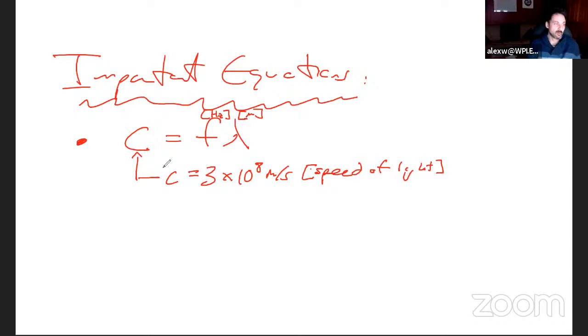Now, what else is there? As we'll see, there's a variety of different types of antennas, right? Parabolic antennas have the following gain.